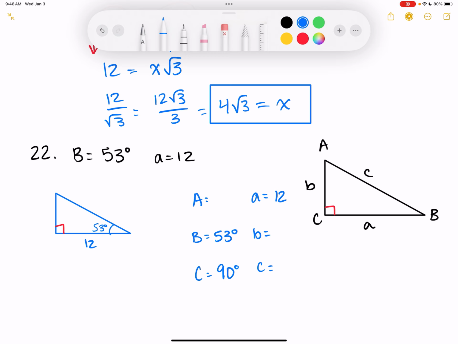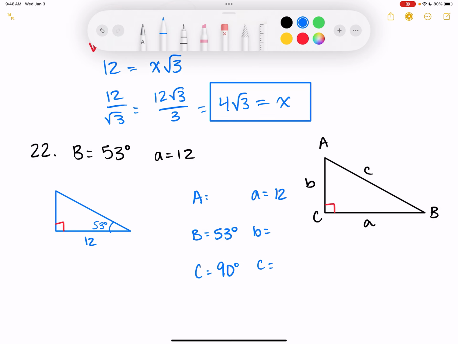Add C and B together, since the angles add up to 180. So I'm going to add those together and subtract that from 180. To find angle A, I'm going to do 180 minus 90 minus 53, which is going to be 37 degrees.